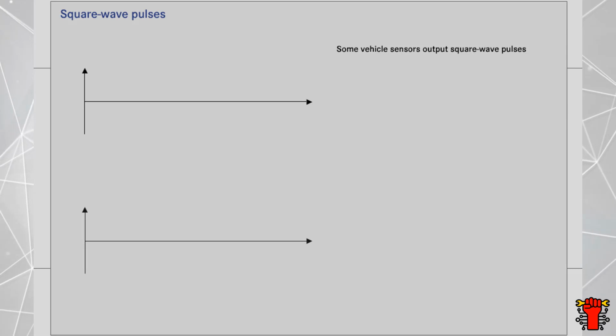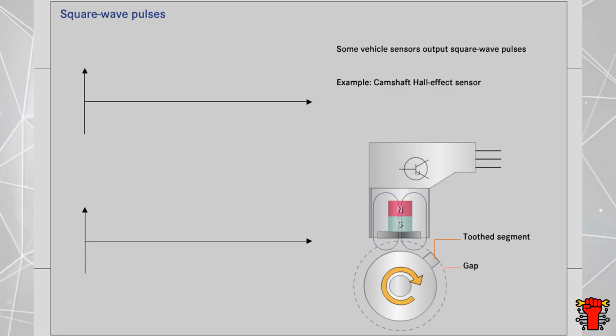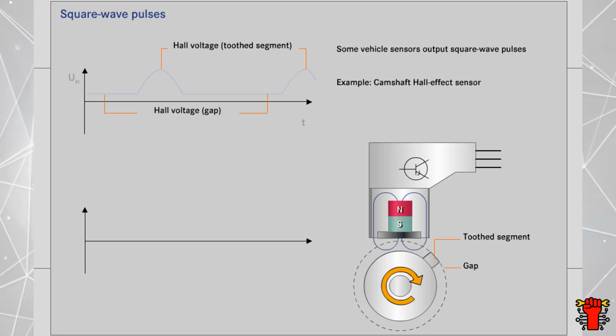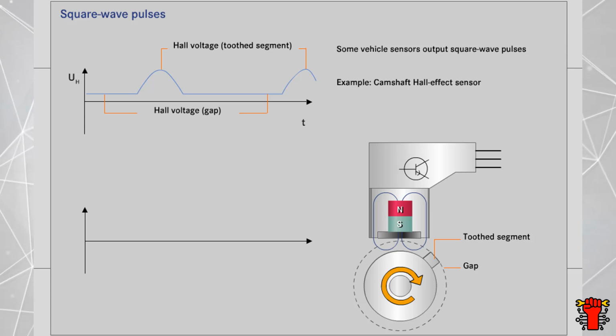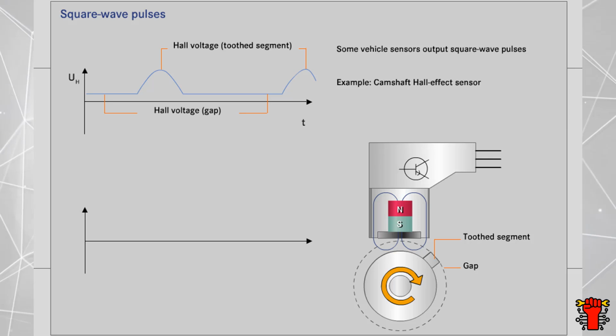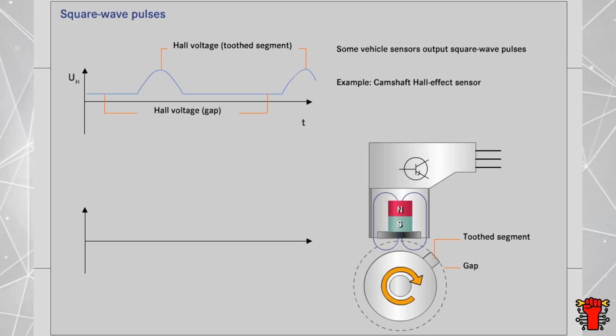Some sensors can also generate square wave pulses. One example is the camshaft Hall effect sensor. As soon as the toothed segment located on the camshaft passes the sensor, the Hall voltage generated by the Hall element increases.